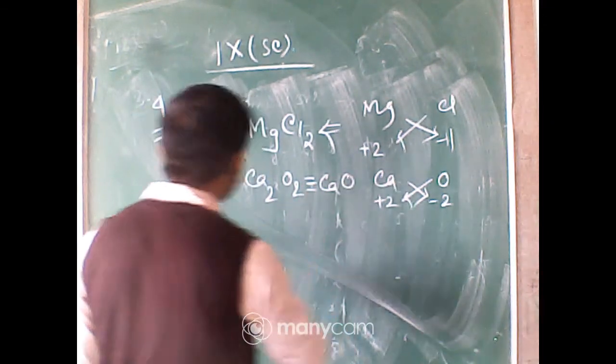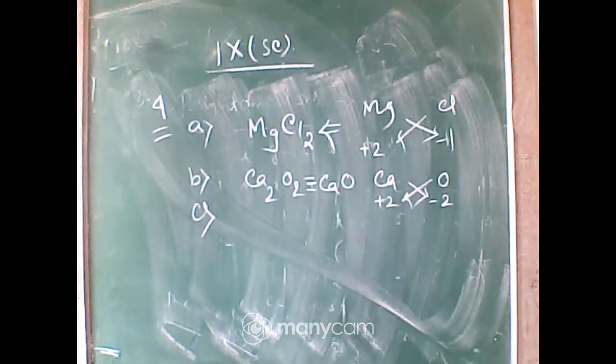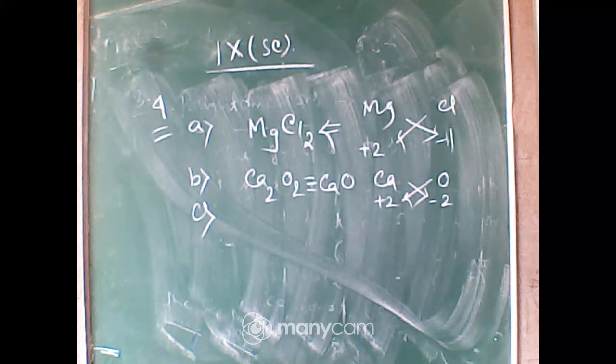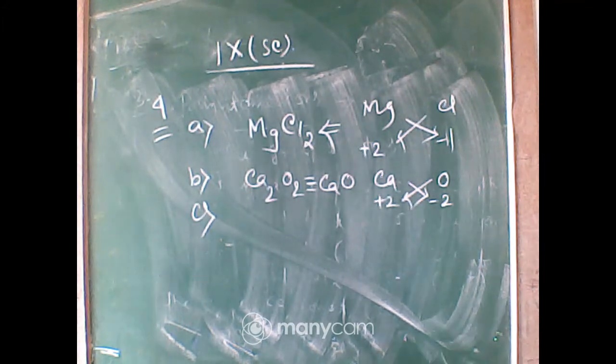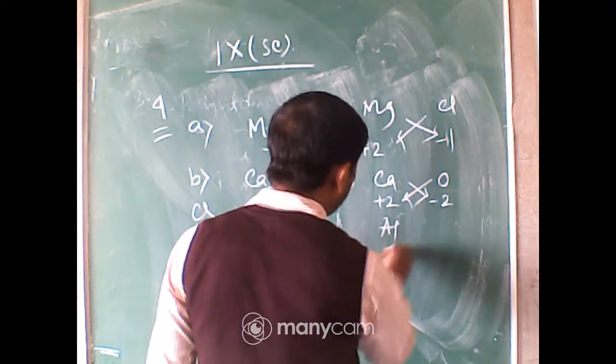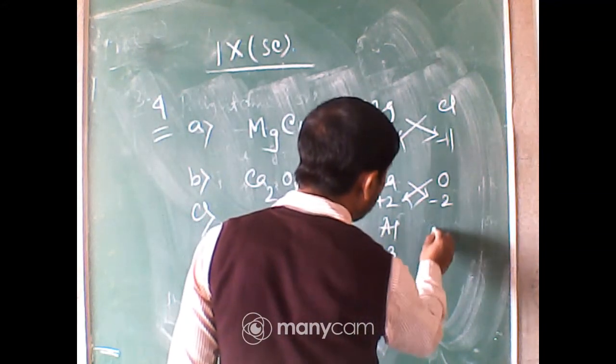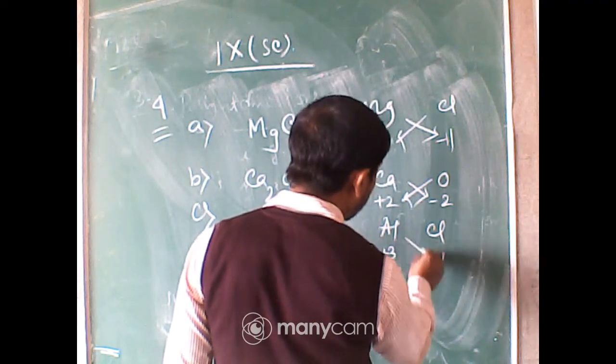is CaO. Number C is aluminium chloride. Aluminium has +3 valency, chlorine has -1.